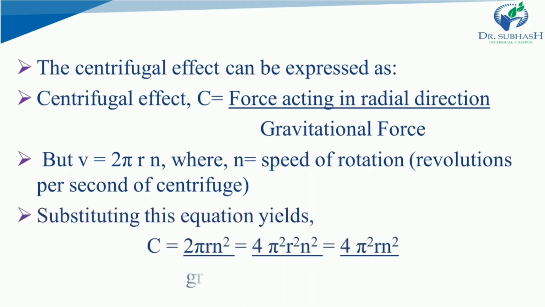Substituting this equation, you will get C equal to (2 pi r n) square divided by g r, which is equal to 4 pi square r square n square divided by g r, which is again equal to 4 pi square r n square divided by g. Remember this equation, because it will help you in getting the final centrifugal effect mathematical expression.